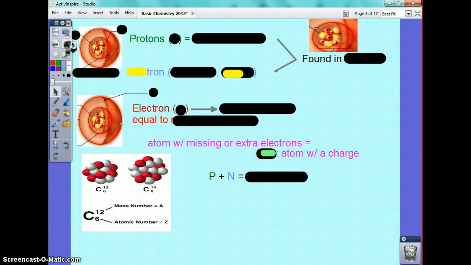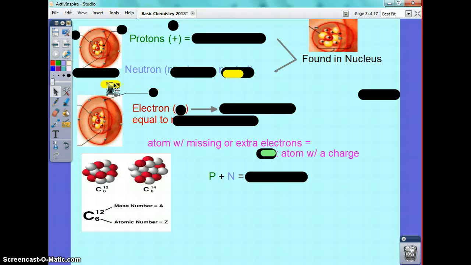As we mentioned before, we know the parts of an atom. Let's talk a little bit more about them. Protons. How are we going to reference protons? With a plus positive sign, okay? And where are protons found? Along with what? Neutrons. They're found in the nucleus along with the neutron. What else can you tell me about protons?